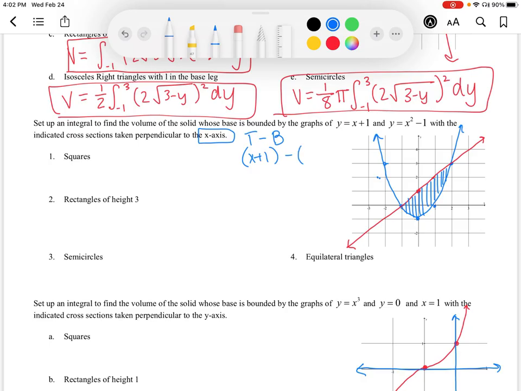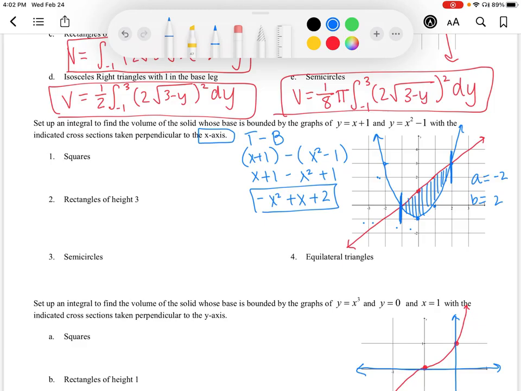My bottom is the x squared minus 1. So I've got x plus 1 minus x squared plus 1. So I'm looking at a negative x squared plus x plus 2 for my top minus bottom. And it's going from negative 1 to 2. So it's going from this point over to this point. So I've got all the parts.